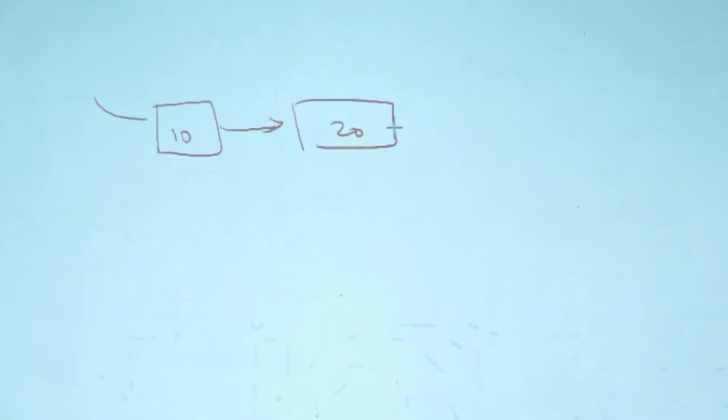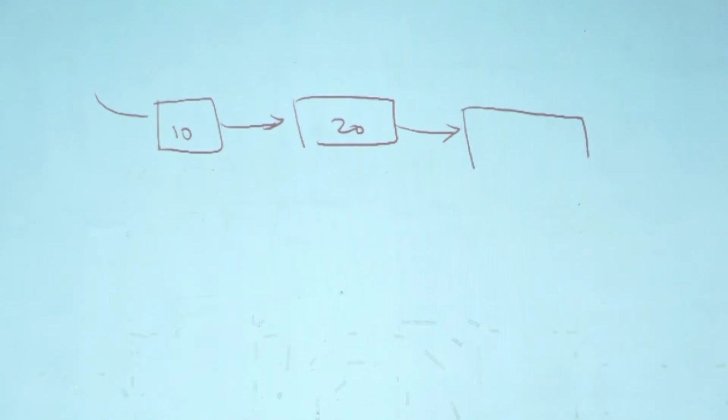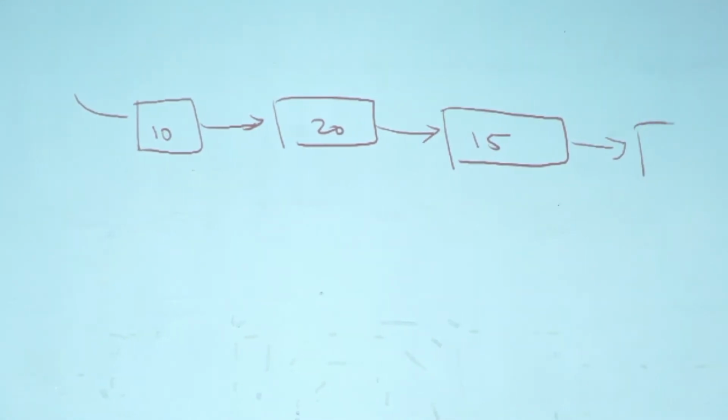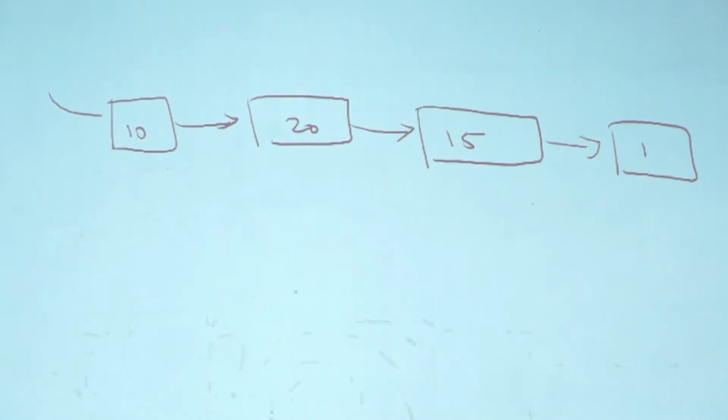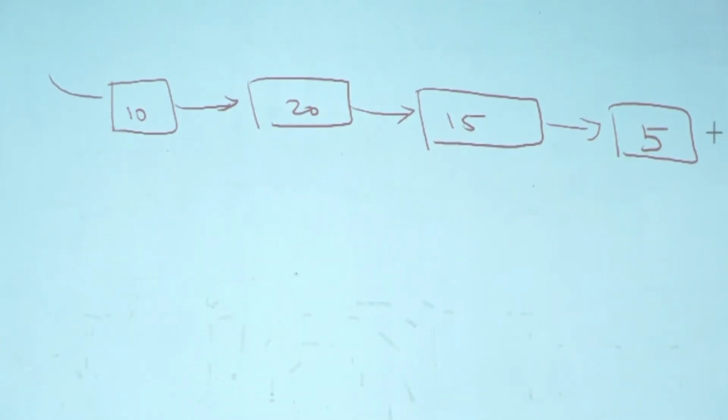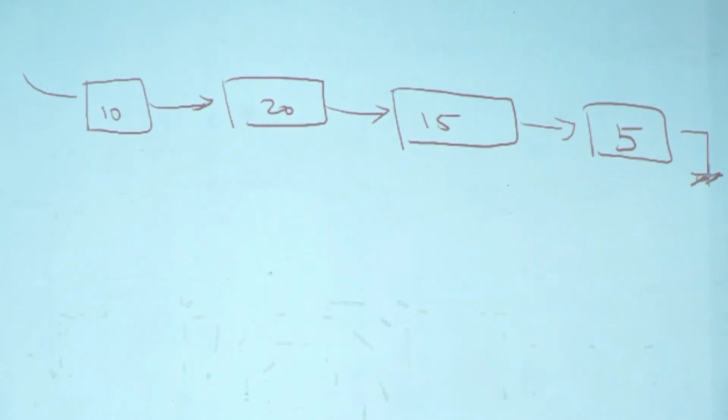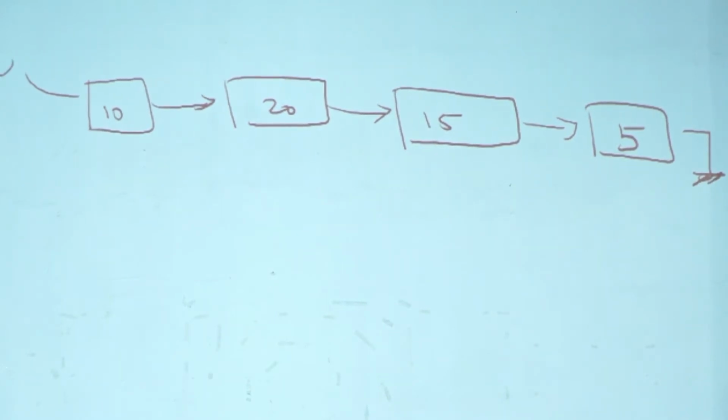Okay, let's say tentatively my list is going to be, finally I want to build a list like this: 10, 20, need not be in any ascending order or anything, 15 and something, and my head should be this.